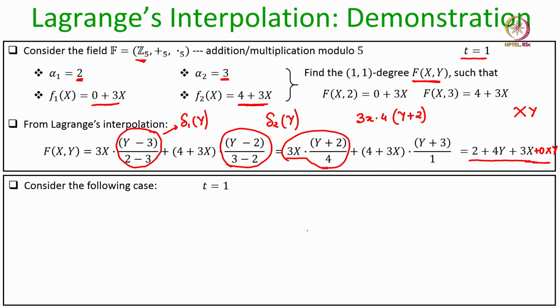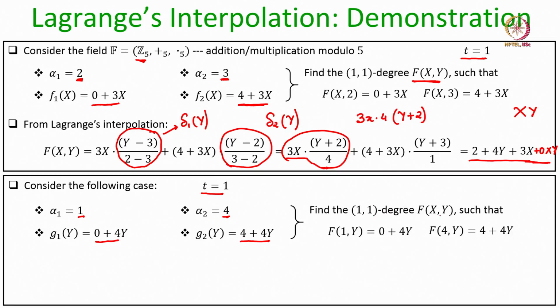Now, again let us take the same case where t is equal to 1, and now suppose my evaluation points are 1 and 4. The first evaluation point is 1, the second evaluation point is 4, and you are given two arbitrary univariate polynomials in variable y, both of degree 1.